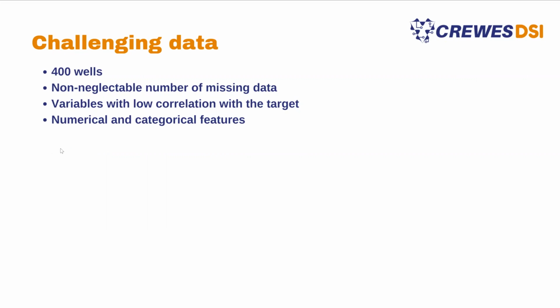We are going to neglect them. Most of the variables have low correlation with the target, besides 2 of them. And they have a combination of numerical and categorical features. So that makes us choose the modeling and how to treat the data prior to the modeling a little bit differently.